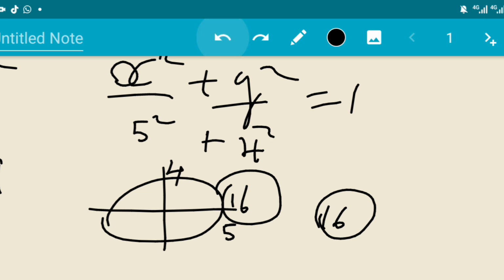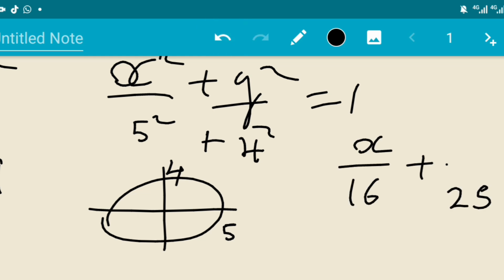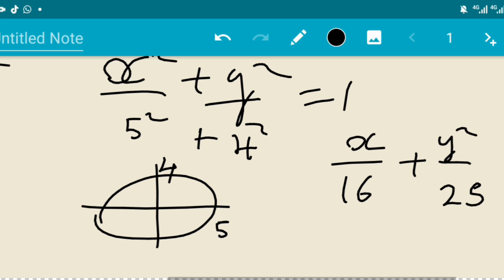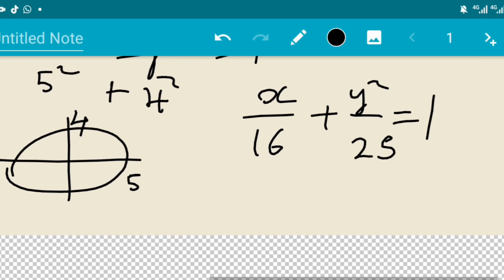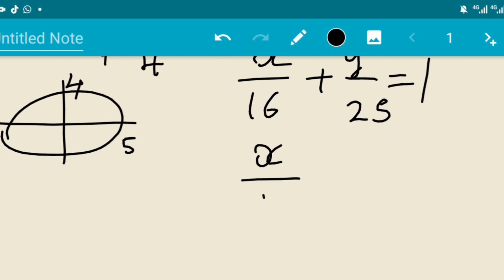But whenever you're given the equation and it doesn't have a square on top, you should know that that is not your A. Say you have x squared over 16 plus y squared over 25 equal to 1, of course. This is what you've been given, there's no square there. So you have to say x over 4 squared plus y over 5 squared.